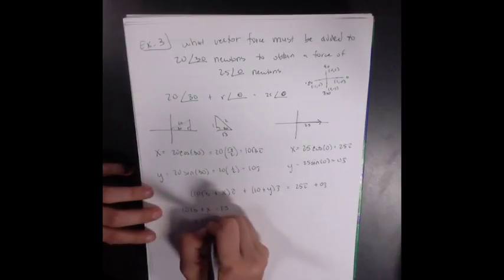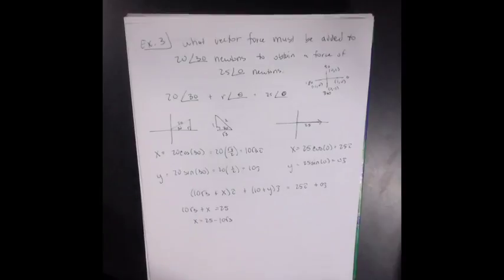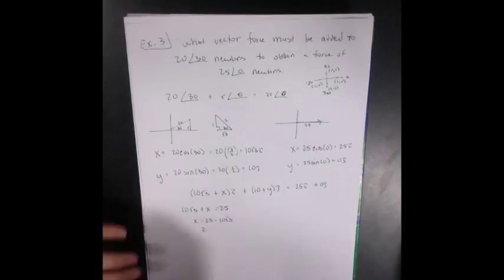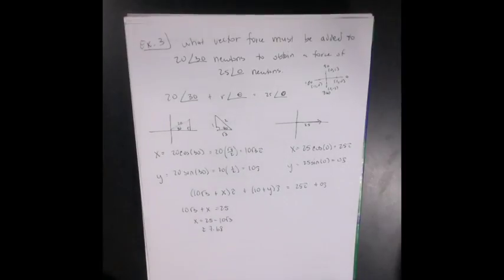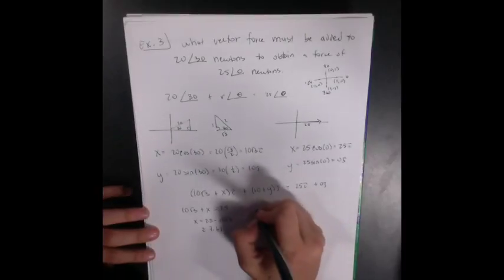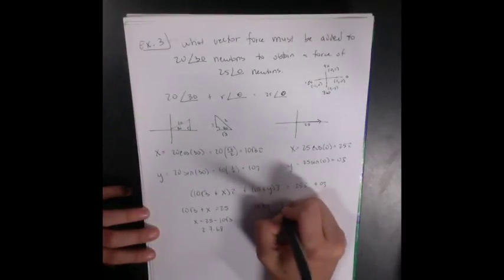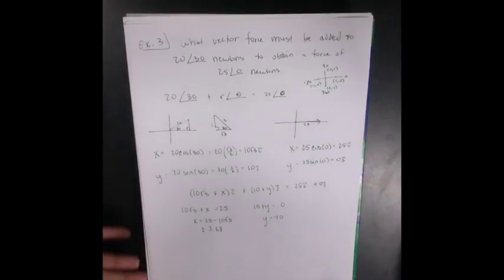So x is 25 minus 10 root 3. Now, in this case, we won't leave it exact. We will get a decimal approximation. So x is going to be 7.68. If I ask you an exact answer, this would be an exact answer. Okay. Then we'll have 10 plus y is 0. So y is negative 10.